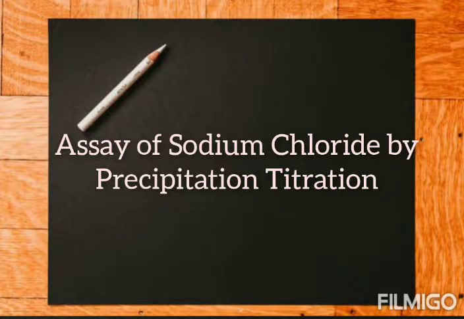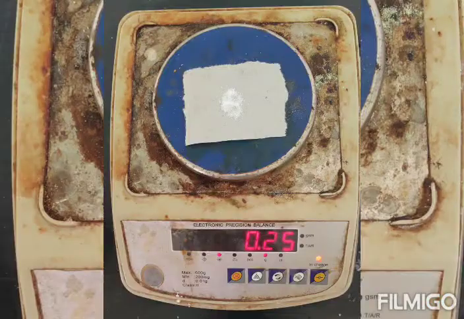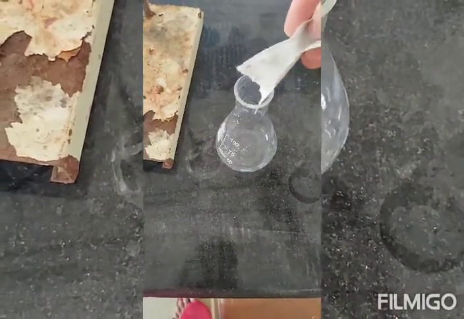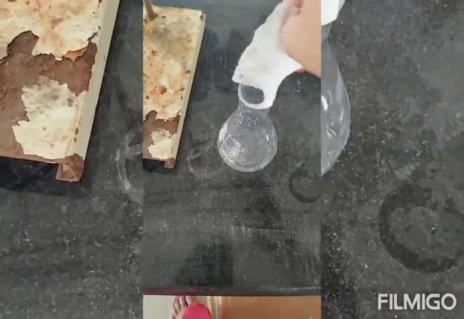Then assay of sodium chloride by precipitation titration, that is by Mohr's method. Weigh accurately 0.25 gram of sodium chloride and transfer it into the conical flask.